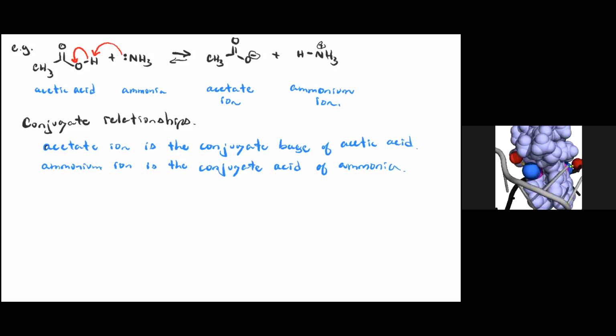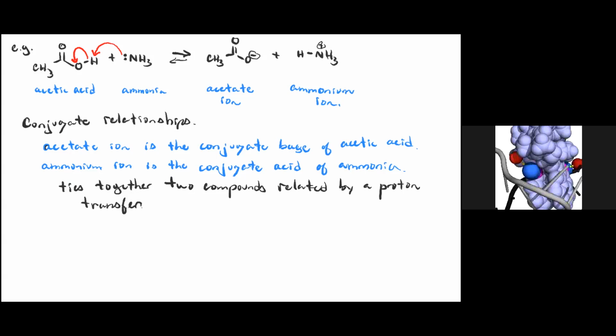So maybe I should write that down. When I use the phrase, X is the conjugate acid of Y, or Z is the conjugate base of A, there's always an acid and base in that sentence.